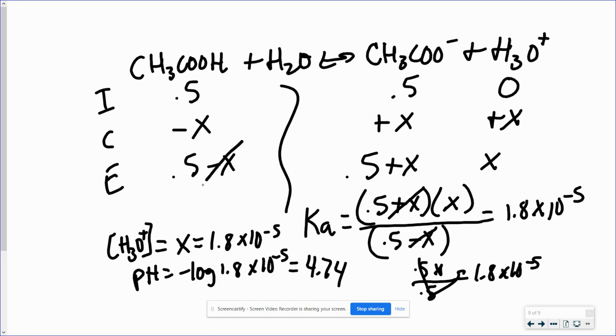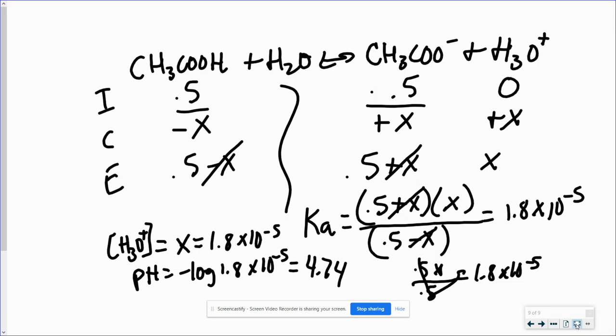We're ignoring those X terms and just plugging in the initial concentrations into the Ka expression. It's exactly the same. Again, you can only use this when you have a buffer.